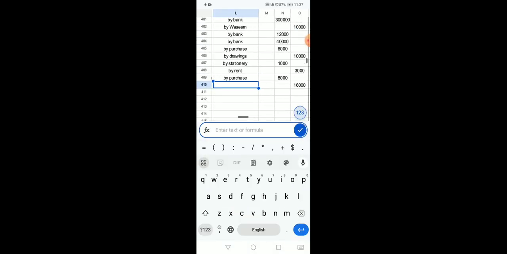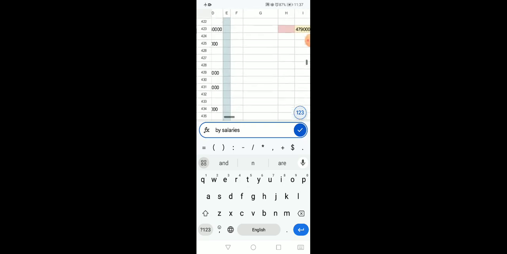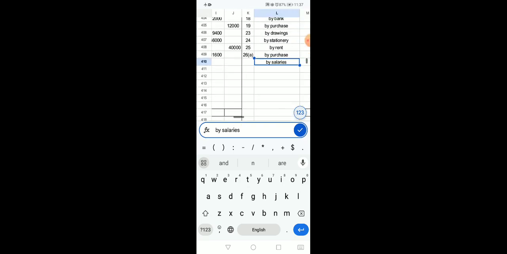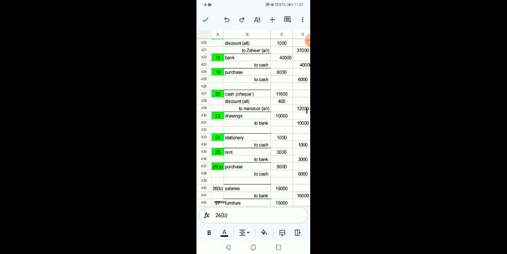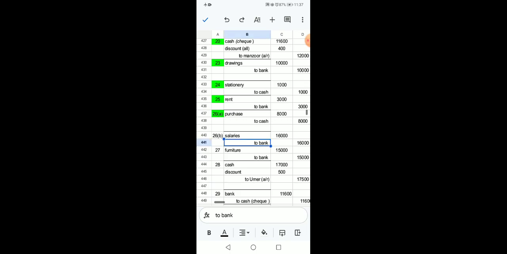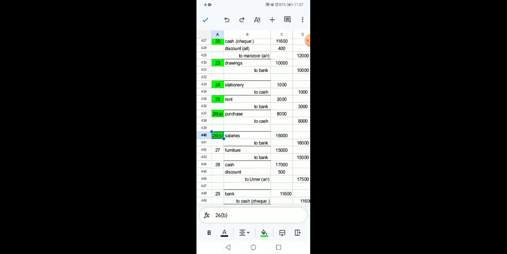Salaries is written on opposite side, so you will write over here by salaries. See the date of salaries, which is 26B. So you will write 26B over here. 26B was having only one element, which has been posted. It means 26B is completed. Mark it as it has been done.